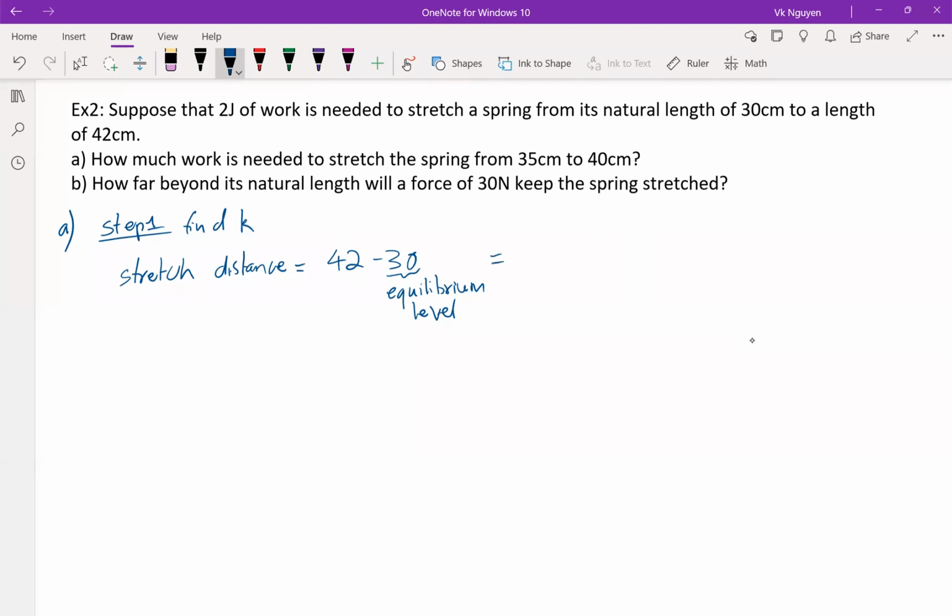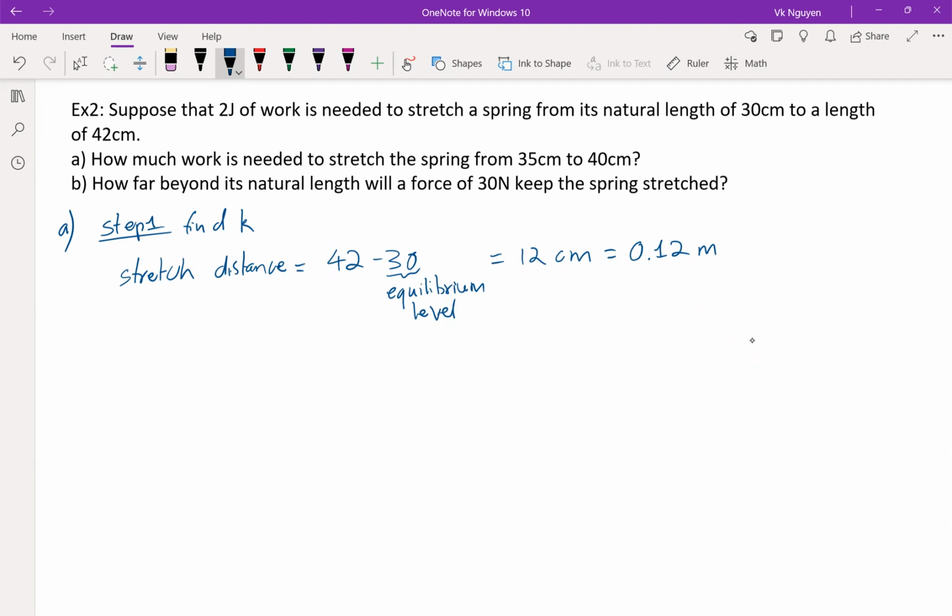This gives us 12 centimeters, which is 0.12 meter. We know the work is 2 joules required for us to do that stretch.